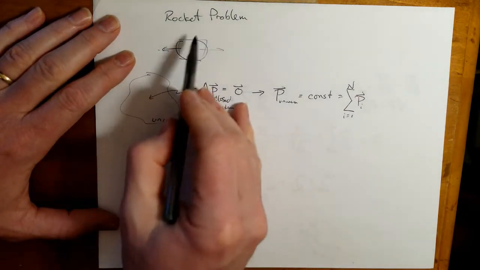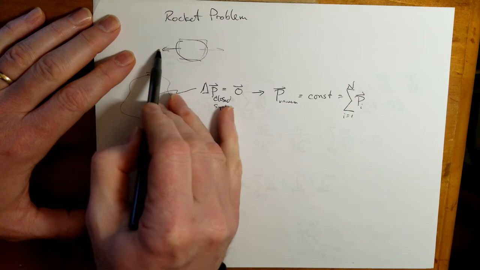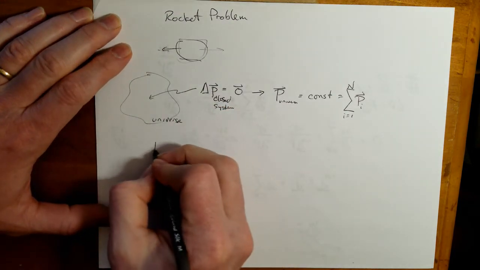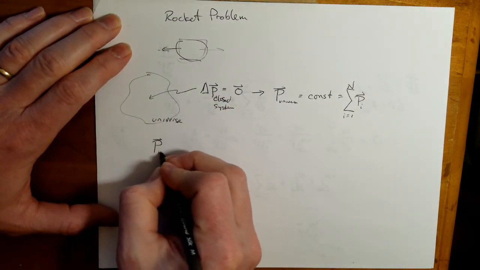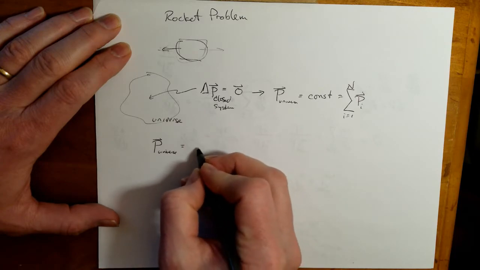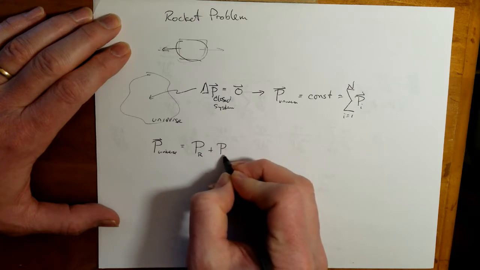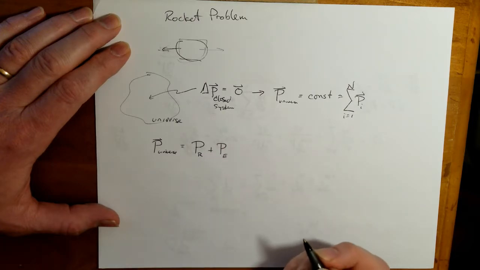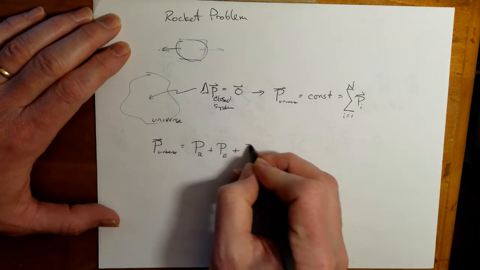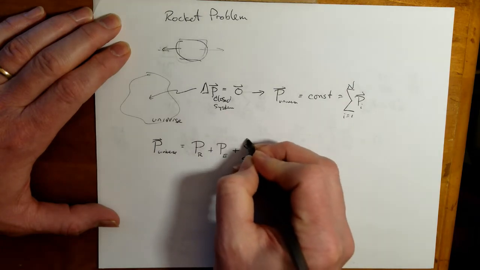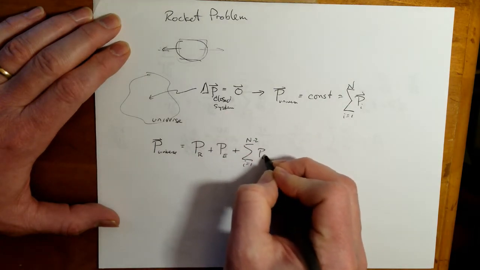Well, two of the objects involved here are the rocket and what's being projected out the back. So the momentum of the universe is equal to the momentum of what I'm going to call the rocket plus the momentum of the exhaust plus the sum of i equals 1 to n minus 2 of all the other objects.